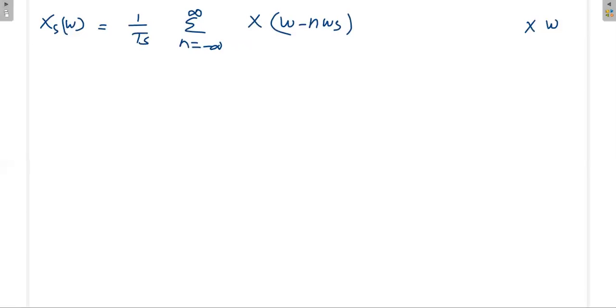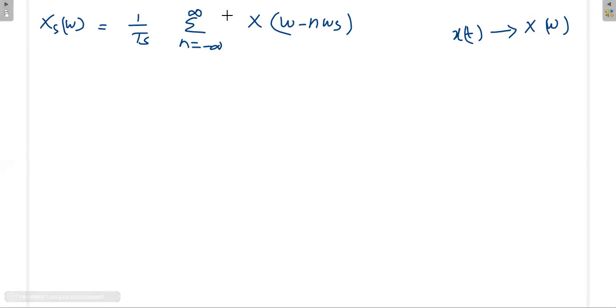Xs of omega is equal to 1 by Ts summation n from minus infinity to plus infinity X of omega minus n omega s. Again, we already know what X of omega is. X of omega is the Fourier transform pair of the original signal before sampling, that is x of t. If you take the Fourier transform of x of t, you will get X of omega.